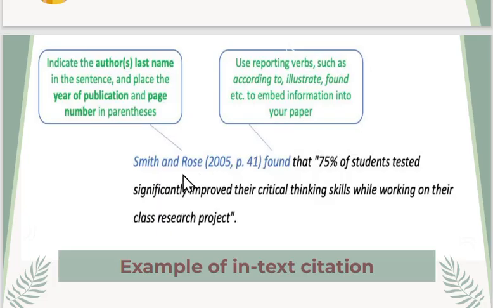Here we have two authors, and the year and the page number. So this example shows some information about the author, not in detail. Here we have only the names of the authors if you have two authors, the year, and also the page number.